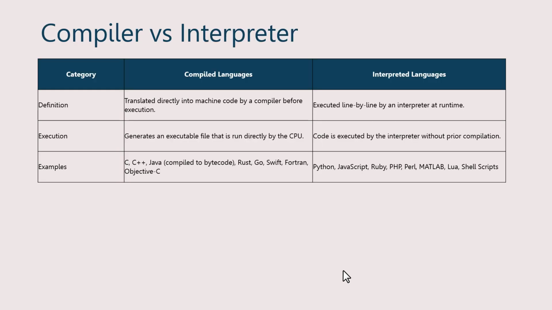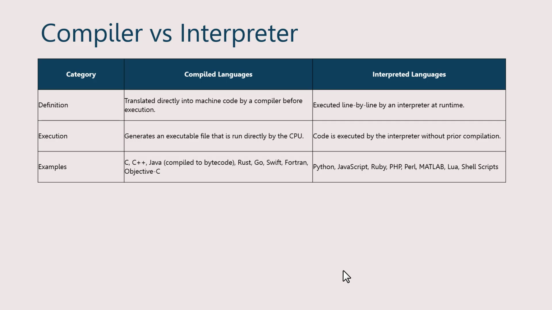With this, let me summarize the understanding that we have for compiler and interpreter. The first one is the compiler. By definition, a compiler will translate the high-level language to the machine code. Whereas an interpreter doesn't do any kind of translation to the machine code. Instead, it will understand the program and execute the code line by line at runtime.